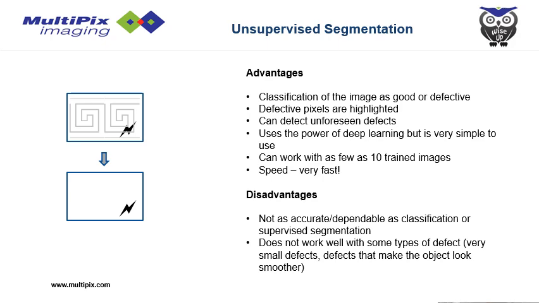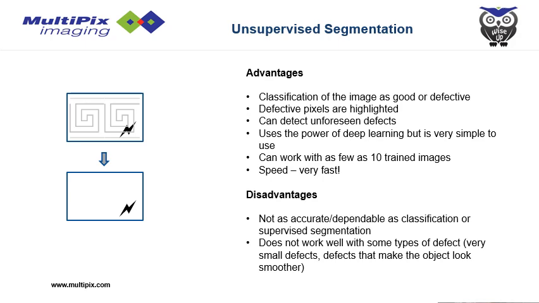It uses the power of deep learning, as we've just said, but it's very simple to use. Because now, it says here, we can work with very few images, maybe as few as 10. The reason for this depends on the nature of what we're looking at.